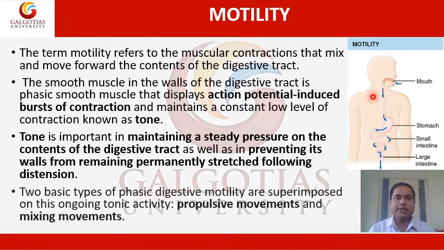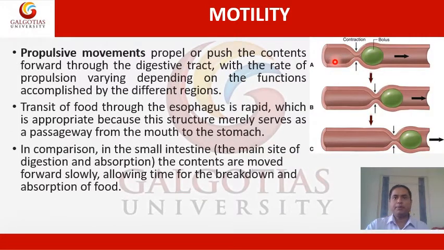So two basic types of phasic digestive motility are superimposed on this ongoing tonic activity, that is propulsive movement and mixing movement. The propulsive movements propel or push the contents forward through the digestive tract, with the rate of propulsion varying depending on the function accomplished by the different regions.